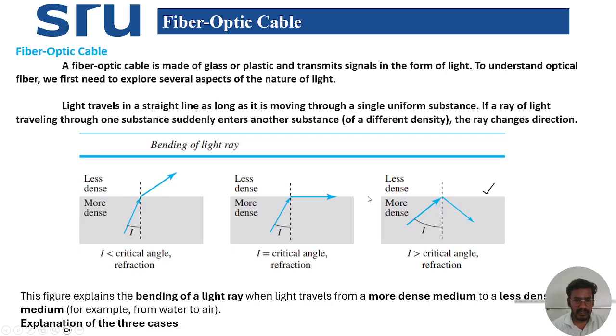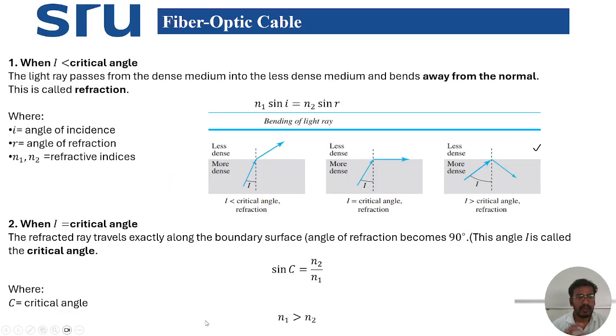In that figure, there are three cases explaining the bending of a light ray when light travels from a more dense medium to a less dense medium, for example from water to air. Explaining these three cases: when I is less than the critical angle, the light ray passes from the high density medium to the less dense medium and bends away from the normal.